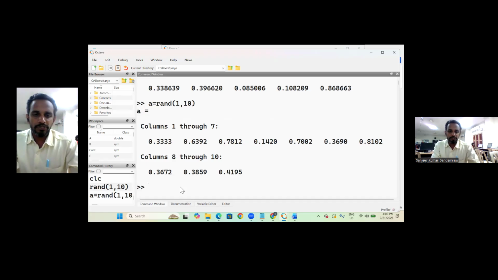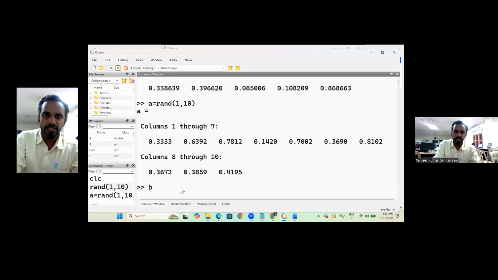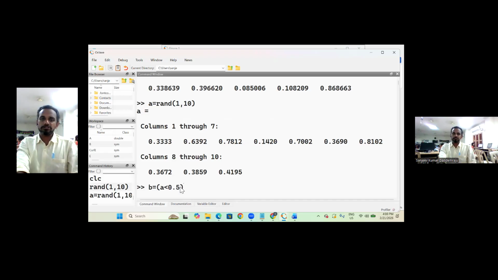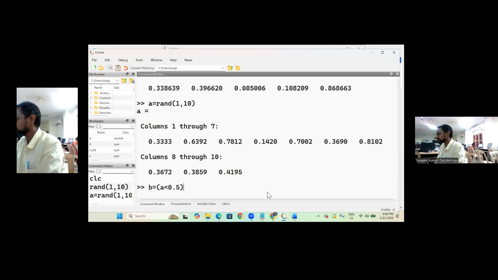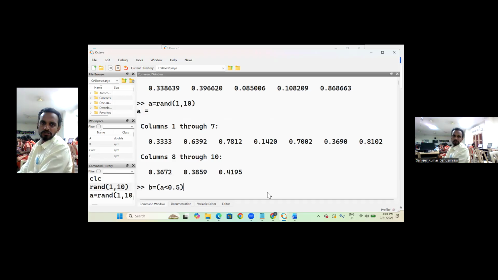So I have to count. For that purpose, I am defining another matrix. B is equal to A less than 0.5 in round brackets. Whatever the if condition we are talking about is completely inscribed into this one bracket.